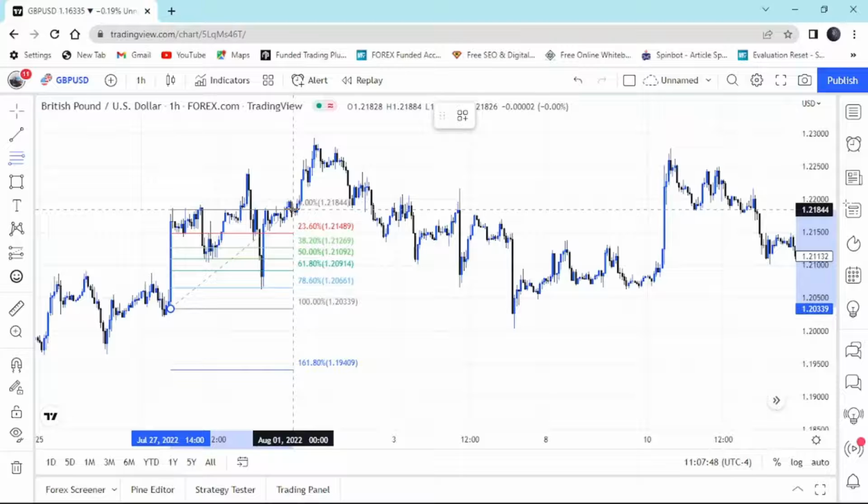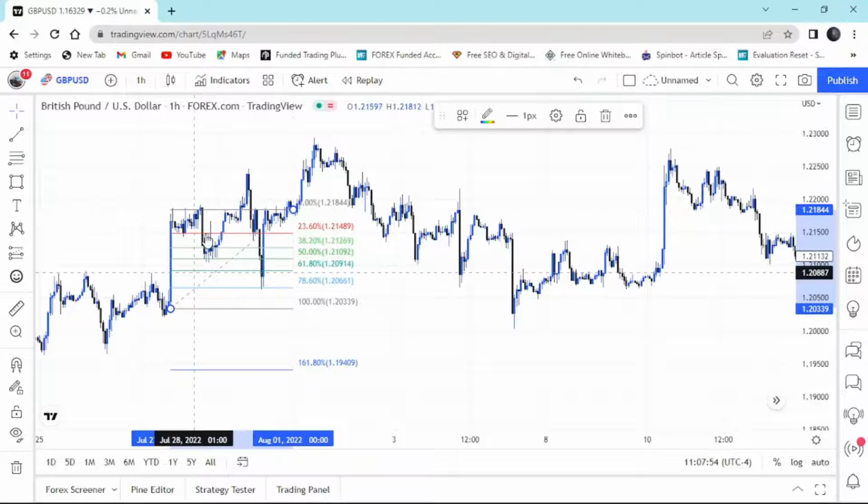Okay, you see that we had a nice reversal. The market came right into the 50% retracement and then reversed and then went bullish, before eventually collapsing. And so in the case of upward movement or a bullish trend, that's how to use the Fibonacci retracement.